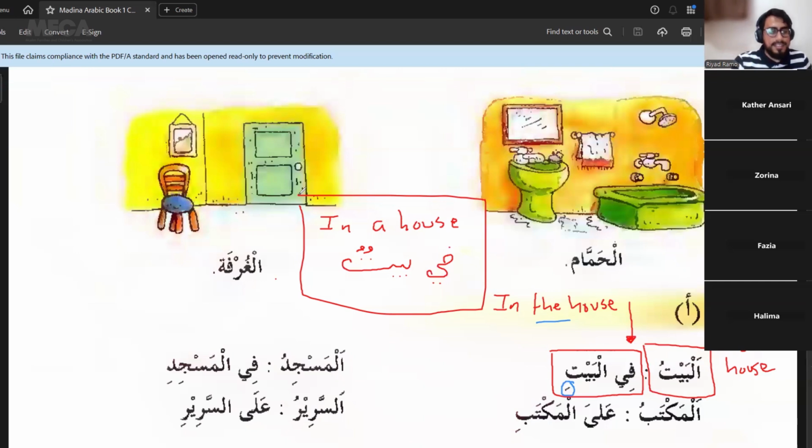Who was the one that said that? Just now, for the house, it's me. I say fee beiti. Fazia. In the house. Fazia, right? Yeah. You're in a house. You're the closest, but you just made one mistake. Now I know exactly what we need to work on.